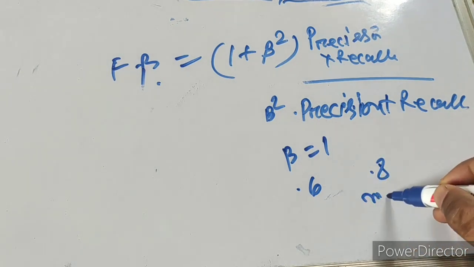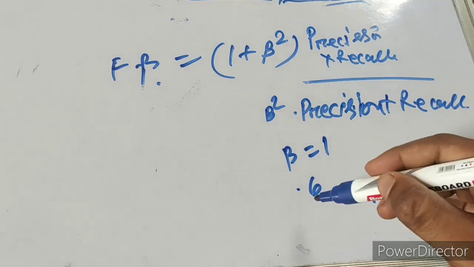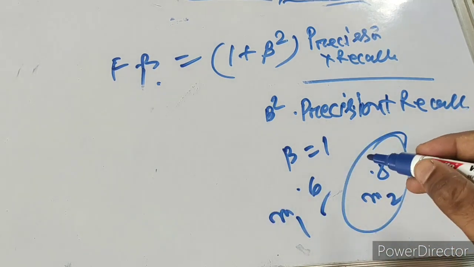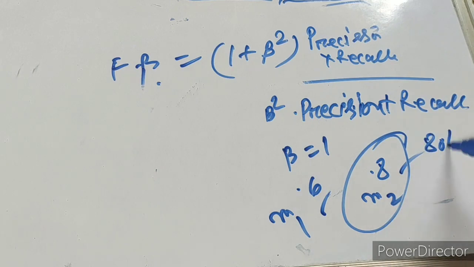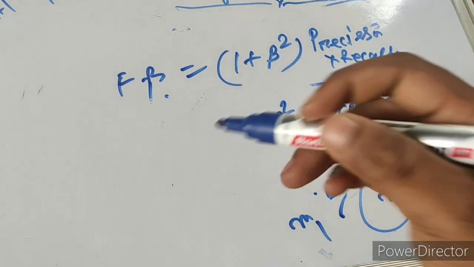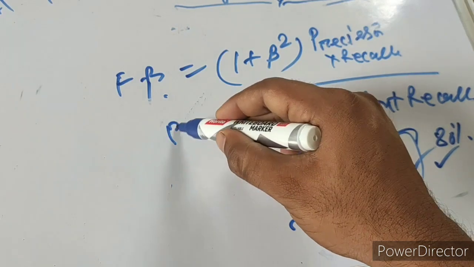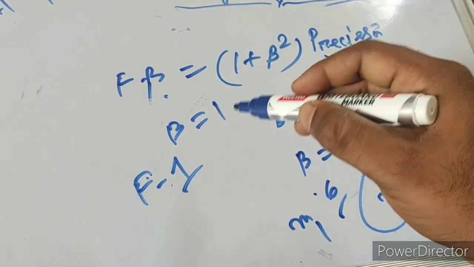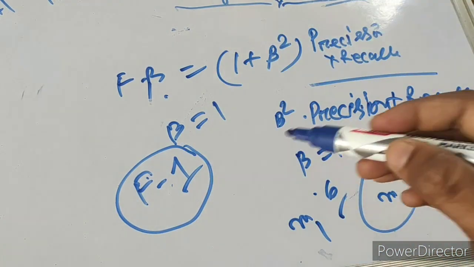So M2 has the 0.8 value and M1 has the 0.6 value. As M2 contains 80% precision and we are giving more weightage to precision, M2 model will be selected. In this way F beta score works, and when beta value equals 1, we call the formula F1 score.